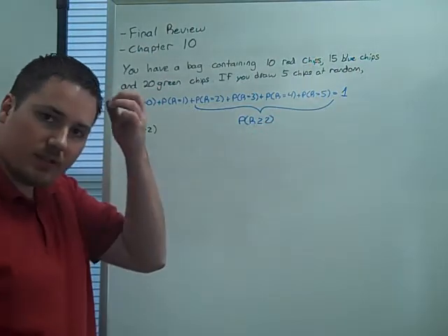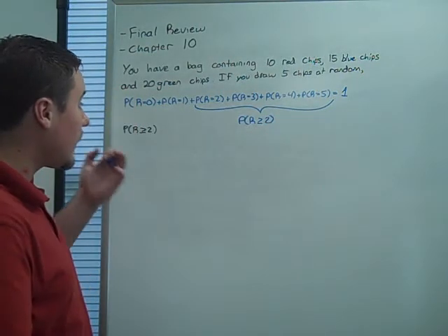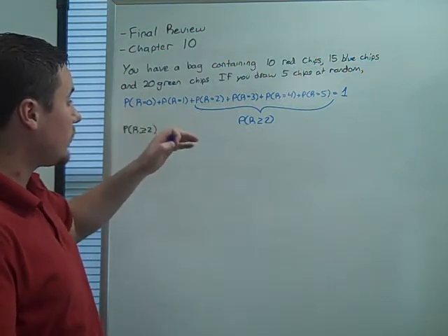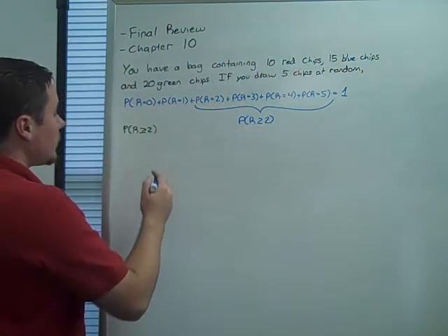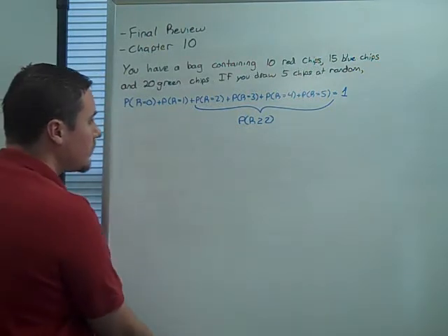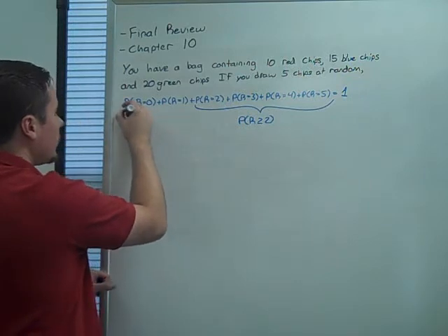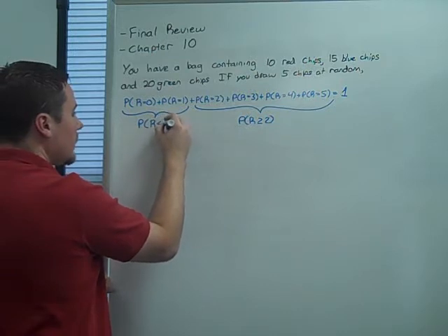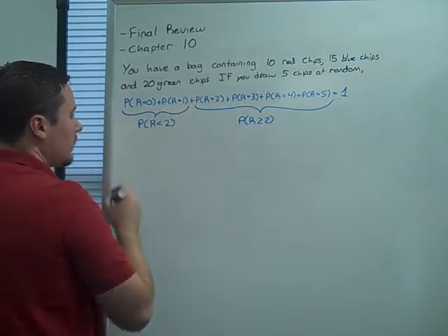I'm a lazy mathematician, so I'd rather do less work when I could do more. So instead of finding the probability of red greater than or equal to 2 by adding up all these probabilities, we instead calculate the probability that R is less than 2.